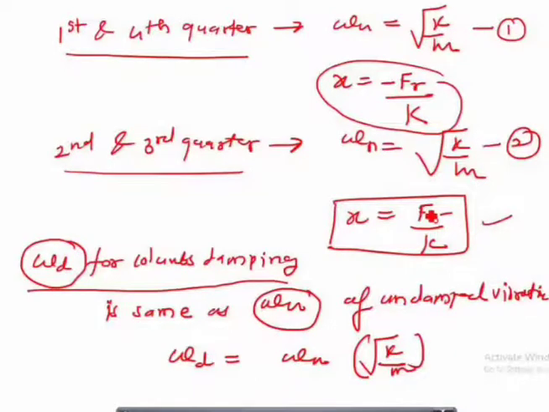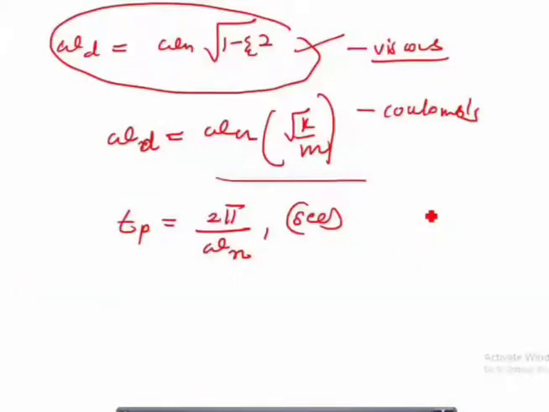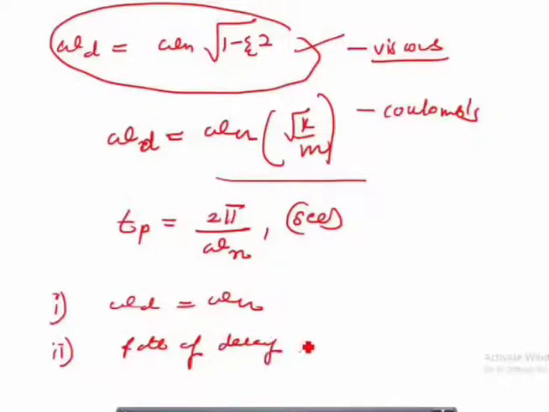Again, as in the viscous damping, for the Coulomb's damping also, there are two important parameters. First is omega d, frequency of damped vibration, which is equal to omega n for Coulomb's damping, and second is rate of decay of vibration. Now in viscous damping, you know that the rate of decay of vibration was measured by a parameter called the logarithmic decrement, delta.